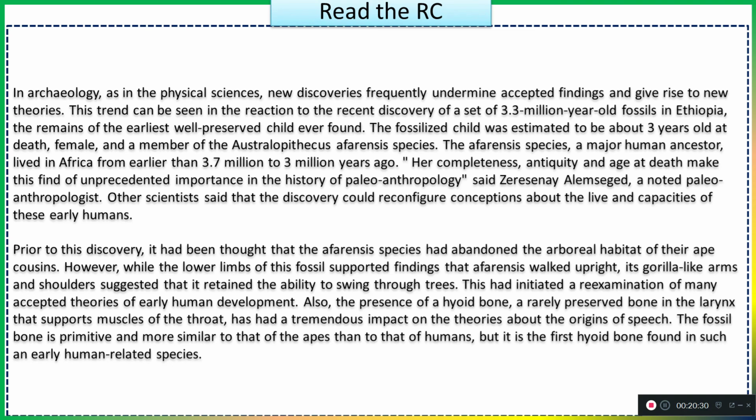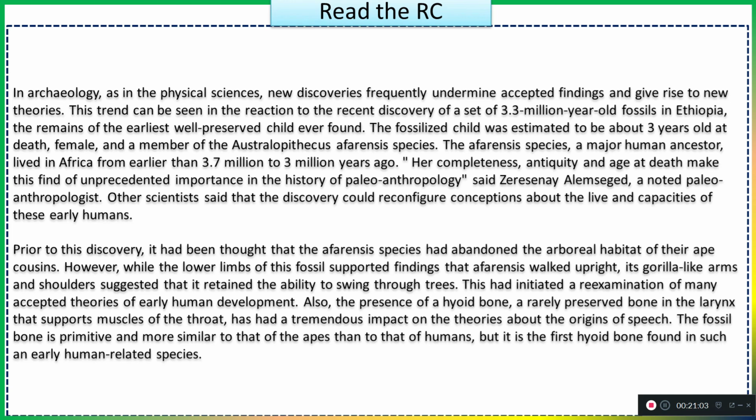The passage starts with a great premise: in archaeology, new discoveries very often undermine the accepted findings and give rise to new theories. So ideally the passage should give an example of a new finding that gives rise to new theories and undermines the accepted findings as well.